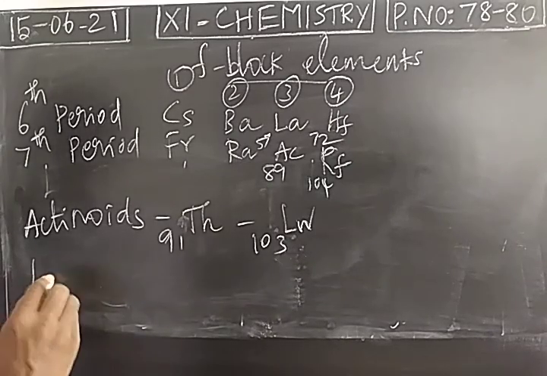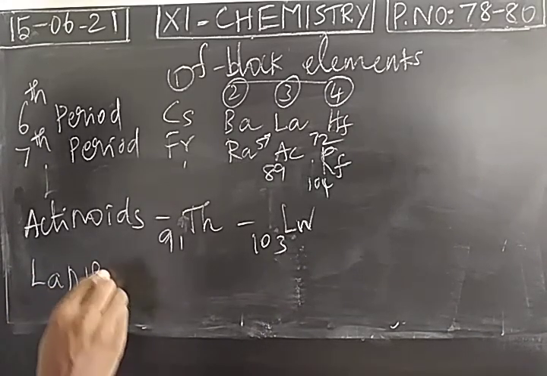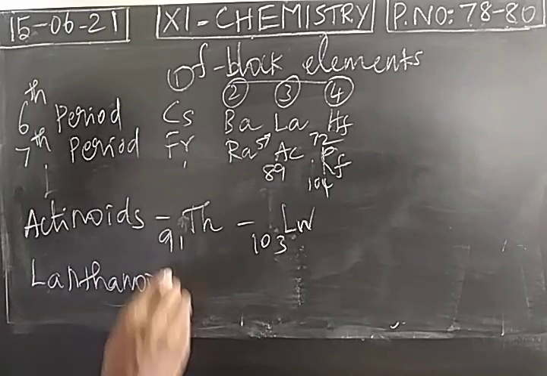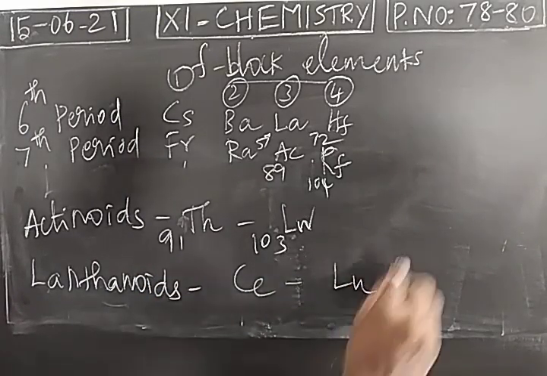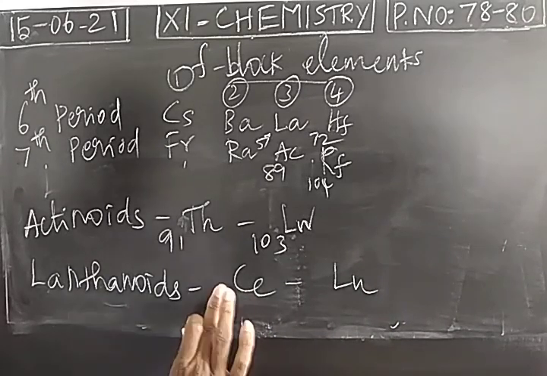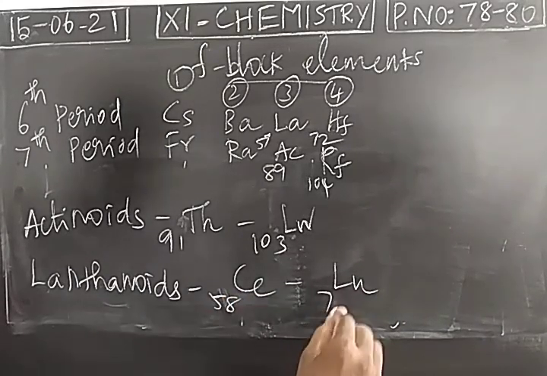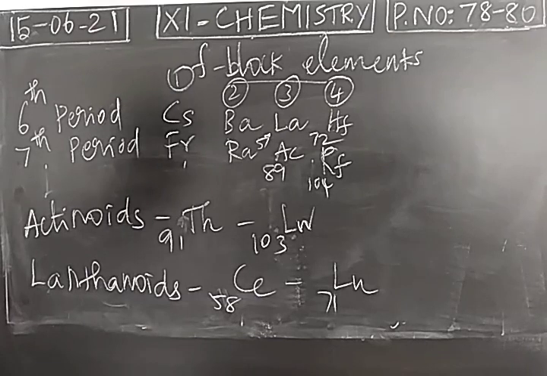So we have lanthanides, 14 elements, starting with cerium and ending with lutetium. These 14 elements are called lanthanides, and these 14 elements are called actinides. Outermost orbital is the F orbital, so this is called an F block element.